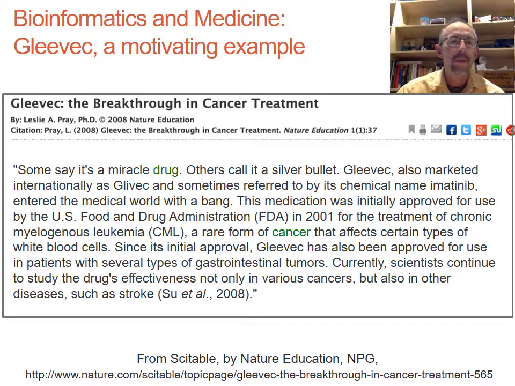This module is about bioinformatics and medicine, how bioinformatics can improve medical science and practice. And so let's get into the subject by looking at an example, a very nice example, and it is the drug Gleevec. Gleevec, as it says here, was a breakthrough in cancer treatment, specifically a leukemia treatment, and specifically a form of leukemia called myelogenous leukemia.